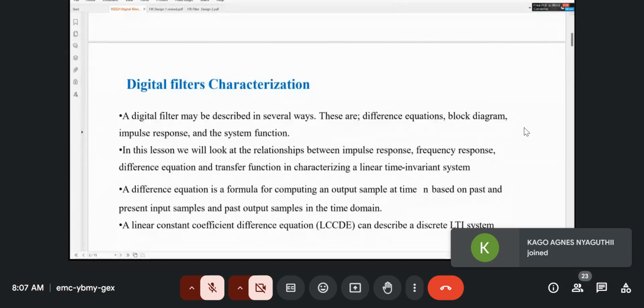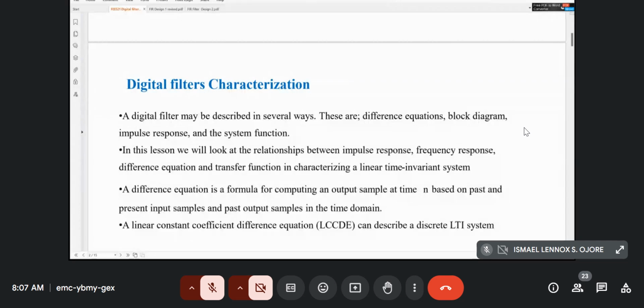Basically, what we started yesterday in the introduction, just going a bit deeper. We started looking at what a digital filter is, the way it can be described, why we do digital filtering.